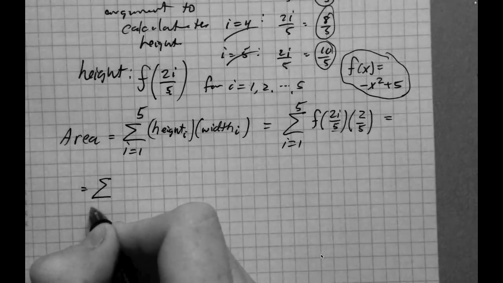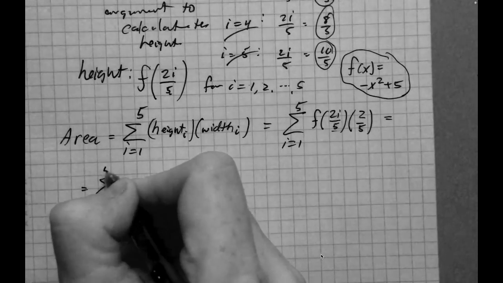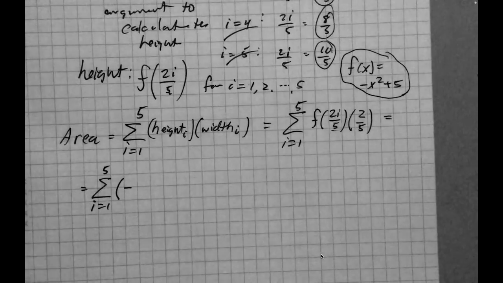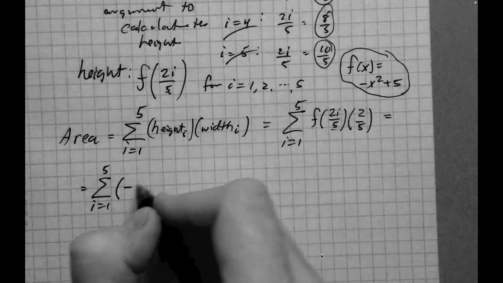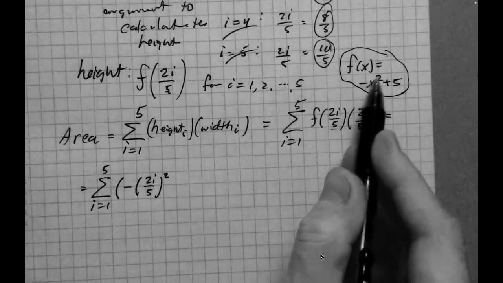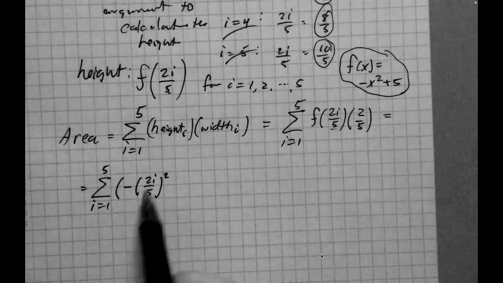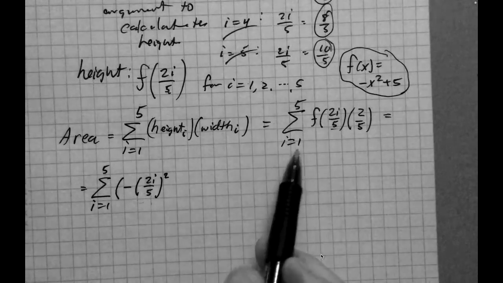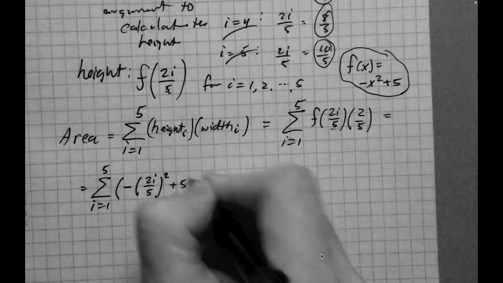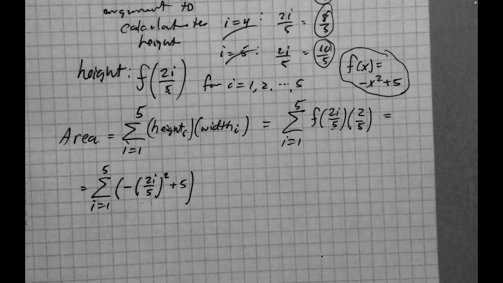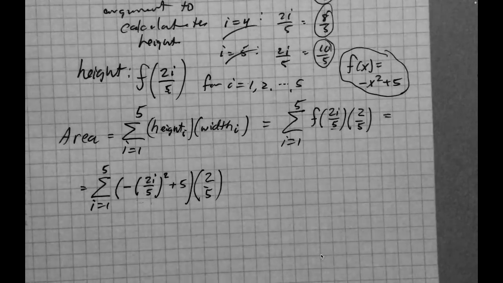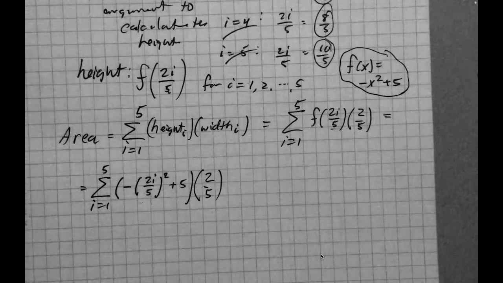So this would be equal to the sum from i equals 1 up to 5 of negative 2i over 5 squared. This is the x squared with the 2i over 5 in there. That's what we're evaluating, f of 2i over 5. And then plus 5. Don't forget the plus 5 there. And that thing times 2/5. So this is our sum.